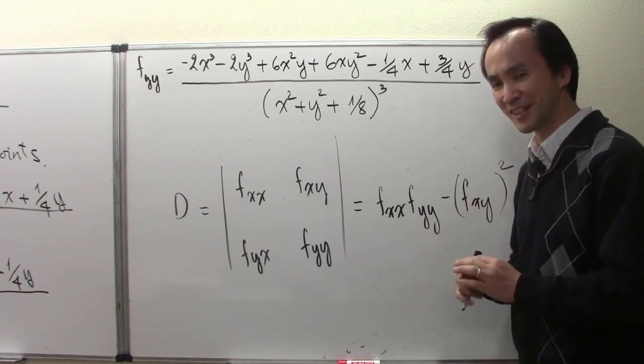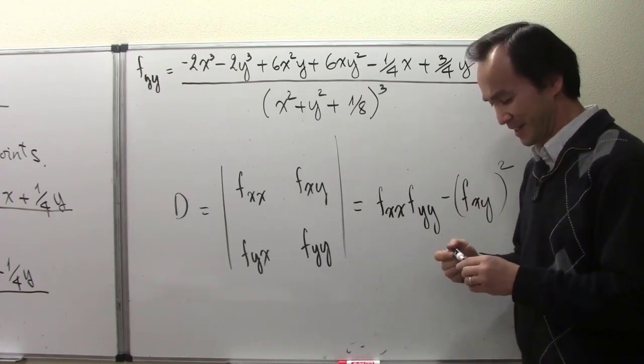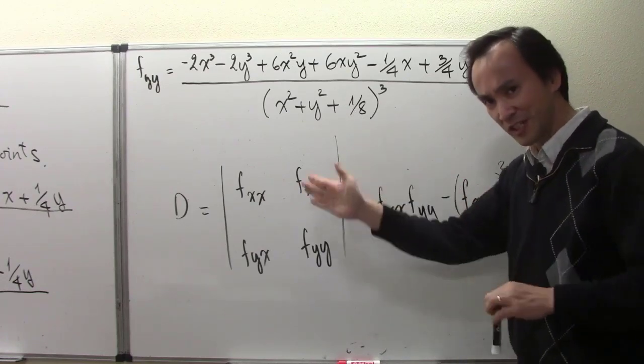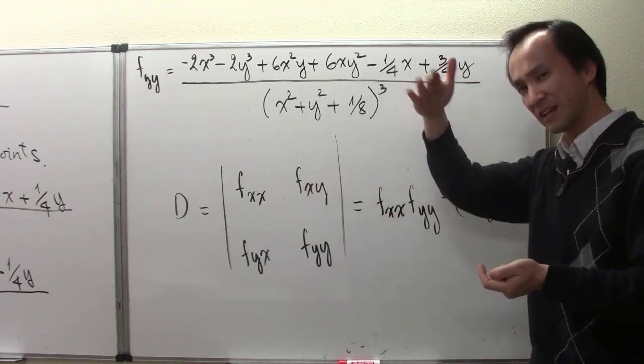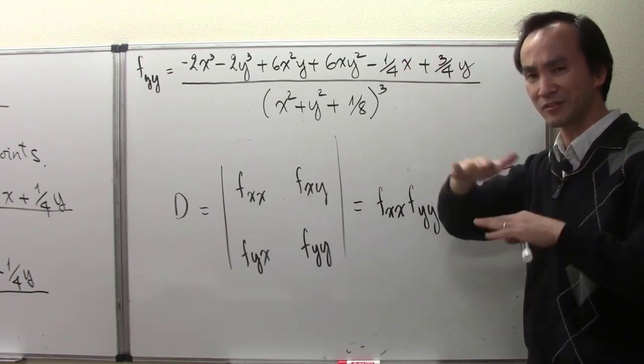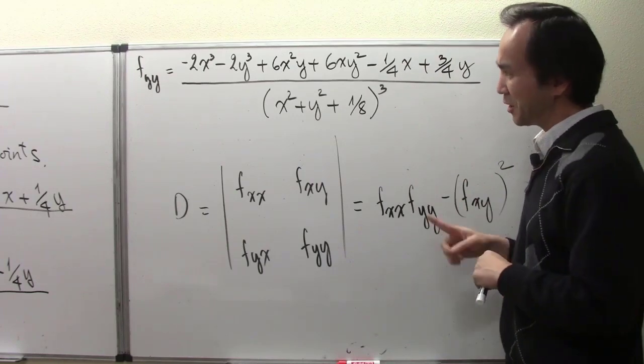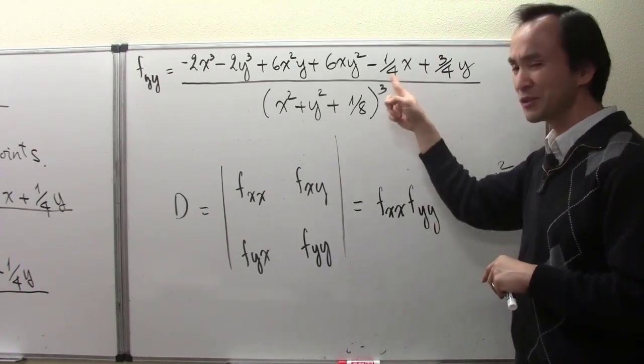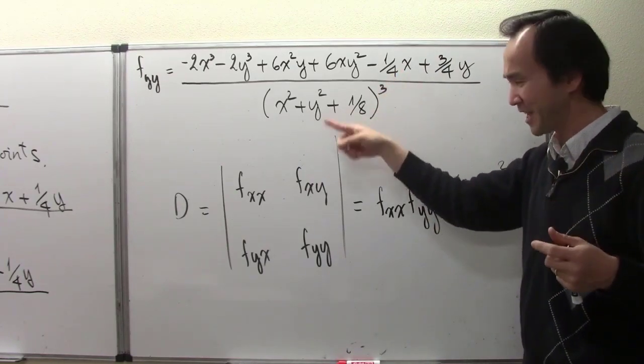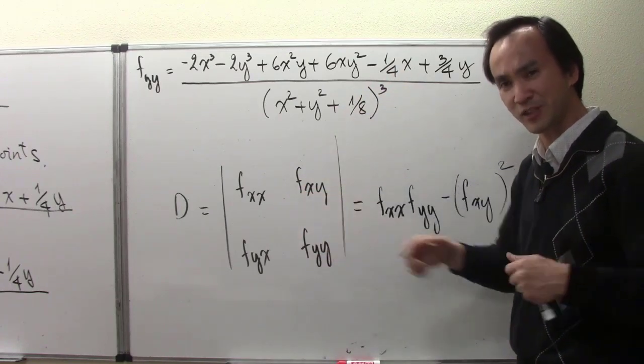That's why I said earlier that I chose the function for this lesson to be at about a mid-level between being easy and being difficult, and consequently it brought us into these complicated looking f_xx, f_yy, and f_xy.